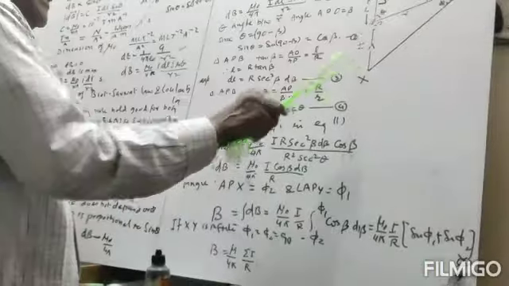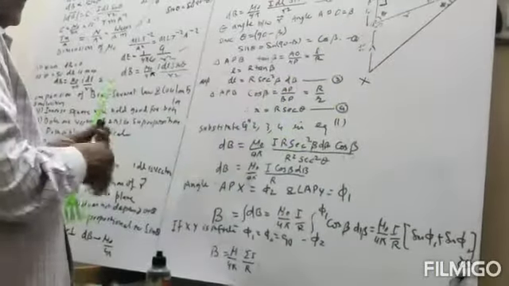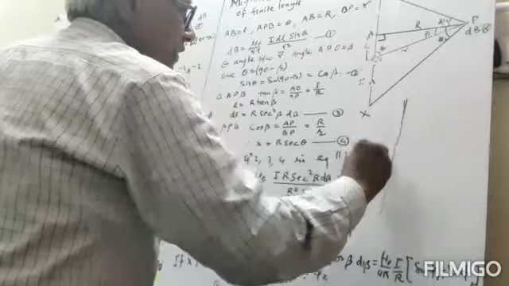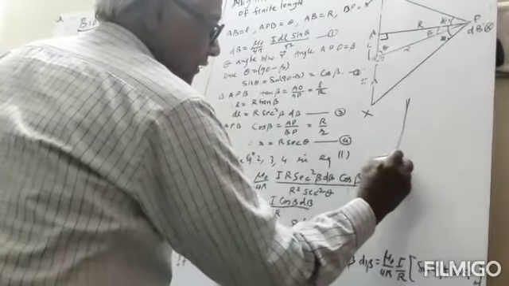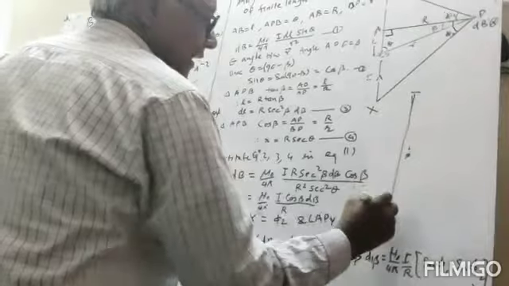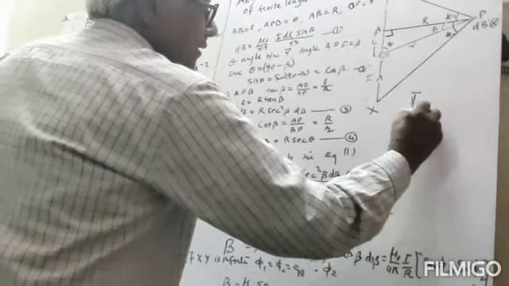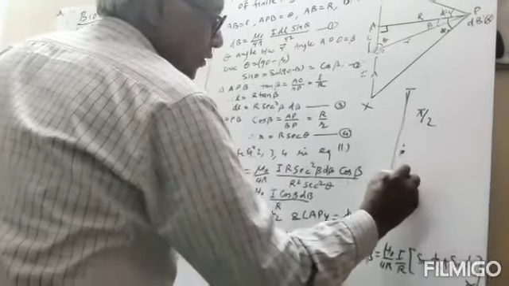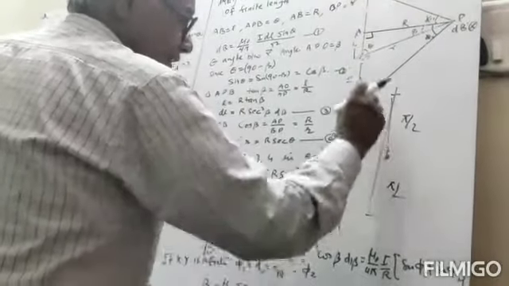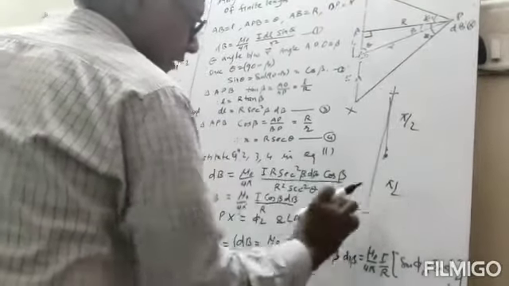If the length of this wire is infinite, and if we take point P very close to it, then this angle and this angle will each be pi by 2.